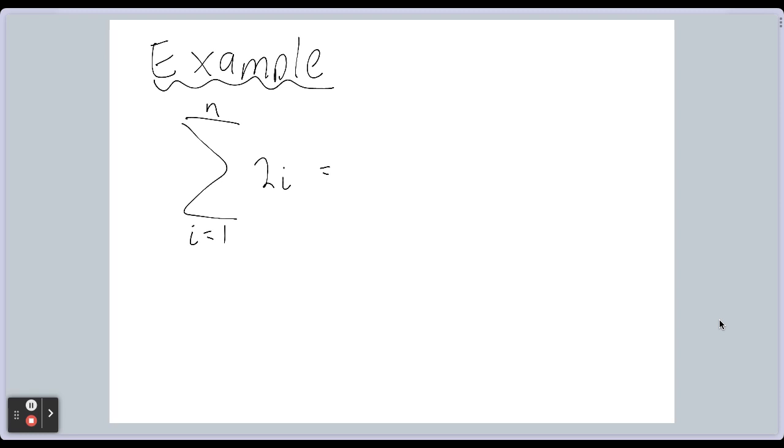So when i equals 1, this would be 2 times 1, which is 2. When i equals 2, that would be 2 times 2, which is equal to 4. When i equals 3, that would be 2 times 3, which is equal to 6. And we repeat that up until n. So that would be up until 2n.